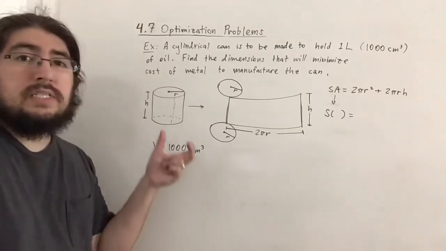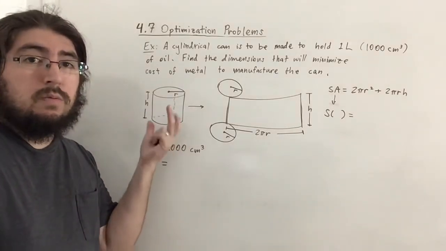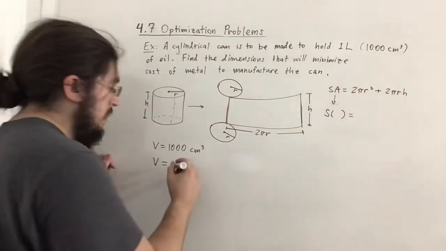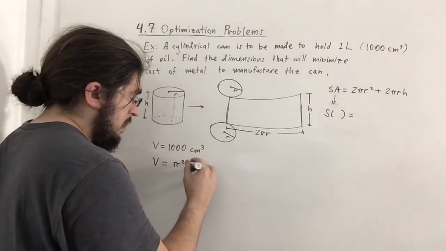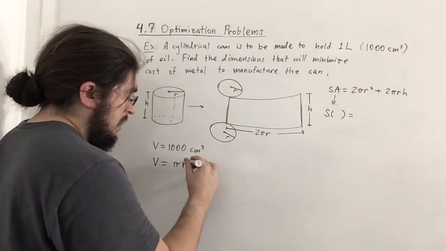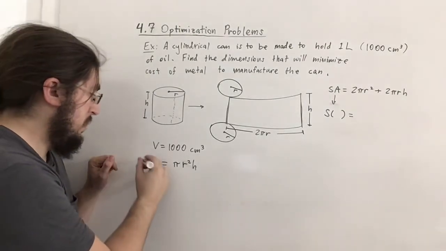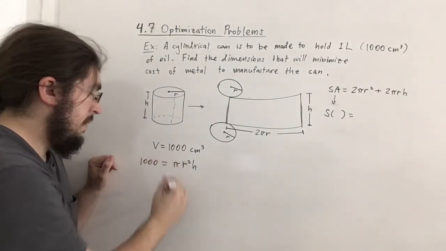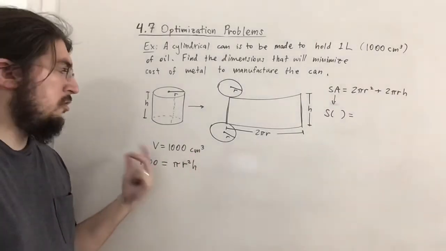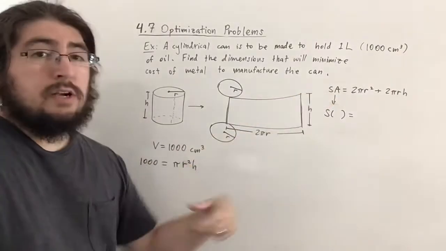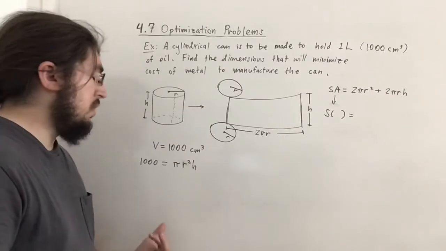For a cylinder, it's just literally the area of the circle, which is pi r squared, times the height. So this is just pi r squared h. Great. And what we know now is that the volume is equal to 1,000. I wrote centimeters cubed here just to remind us. So surface area will be in centimeters squared as far as the unit goes.